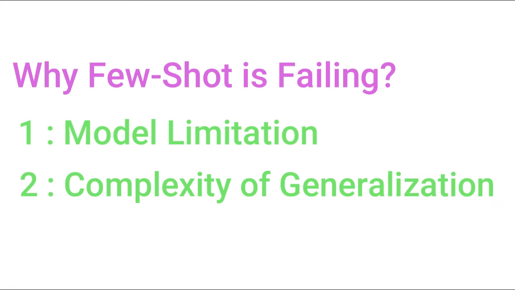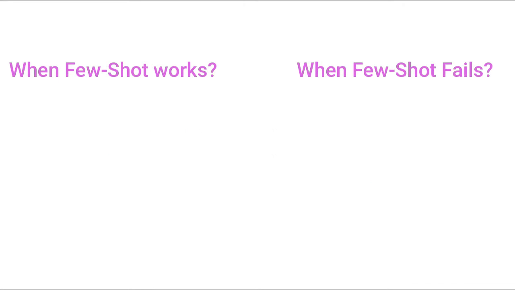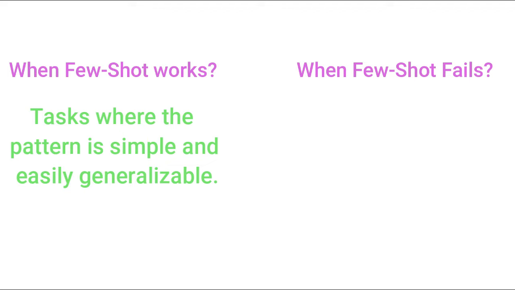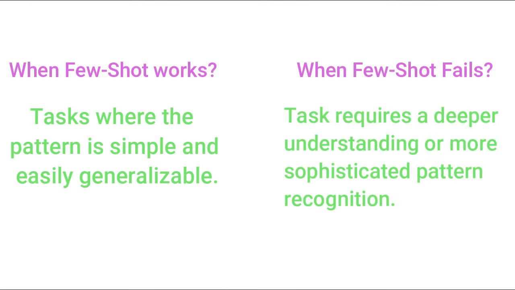The task of reversing a word might seem straightforward for humans, but the model's ability to understand and apply the pattern consistently may be limited by its architecture and training data. So when does few-shot prompting work and when does it fail? We can safely say that few-shot prompting works well for tasks where the pattern is simple and easily generalizable. It can fail when the task requires a deeper understanding or more sophisticated pattern recognition than the model can provide.